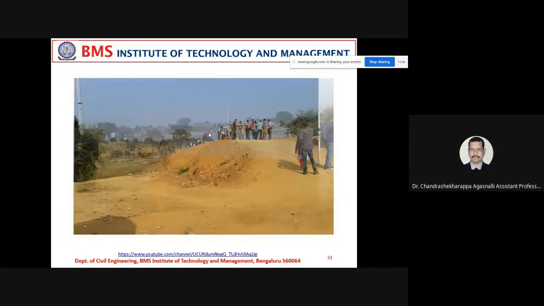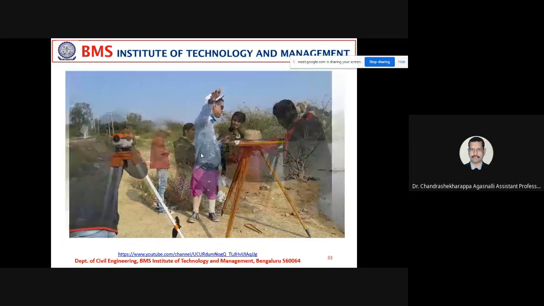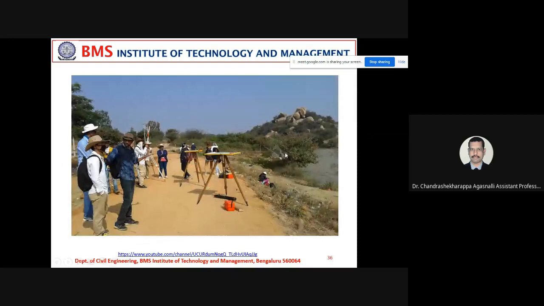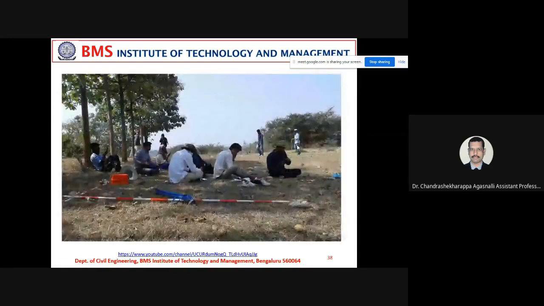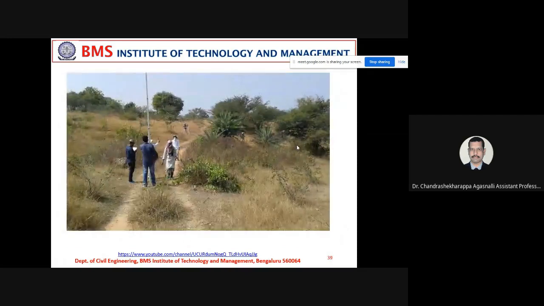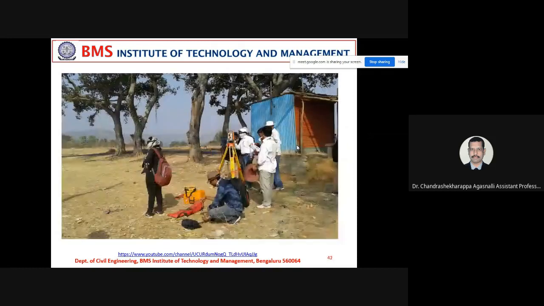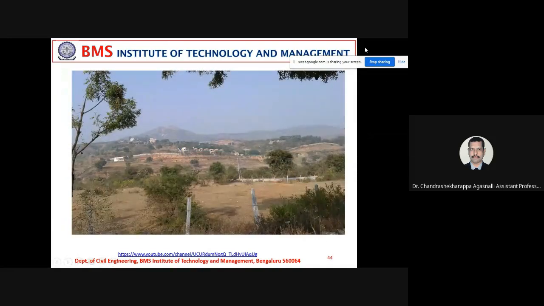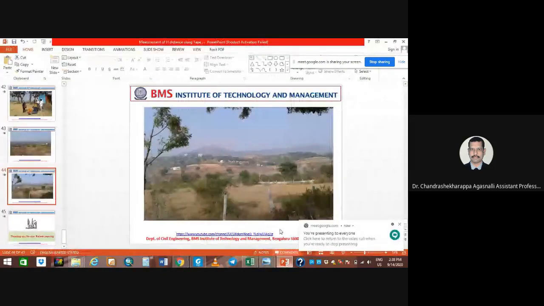Let me show you this complete one so that you will get an idea. No, they are not using this at all. They are surveying the complete water body area. We are not using the cross staff here. Let me show you some pictures so that you can easily understand what's going on.